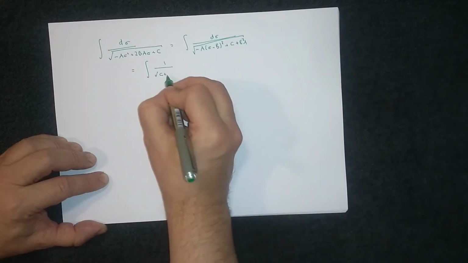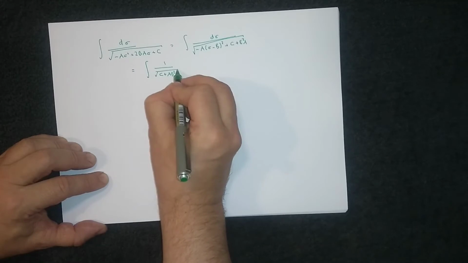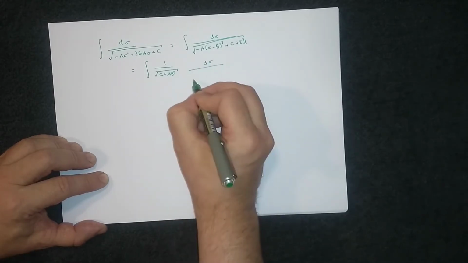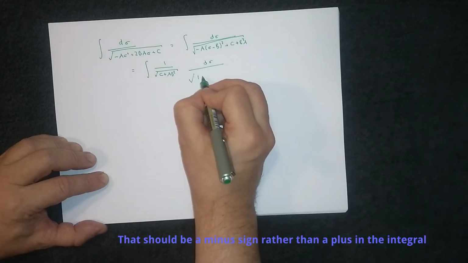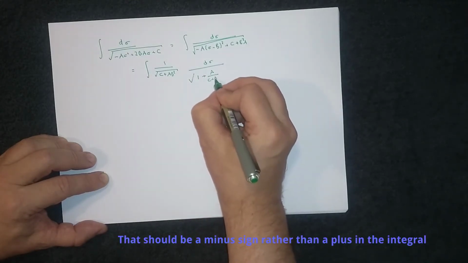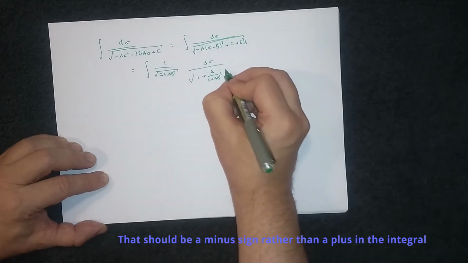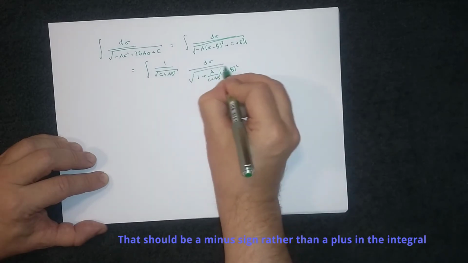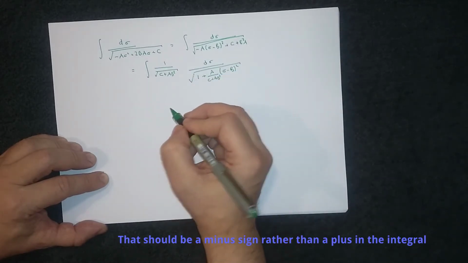There's an a in there as well. ab squared, sigma over root 1 plus a over c plus ab squared, sigma minus b squared. There.